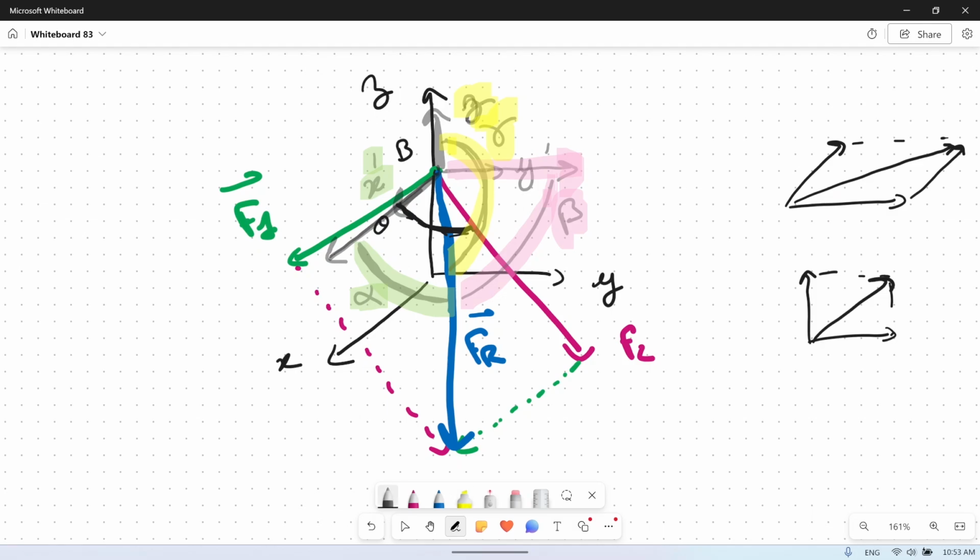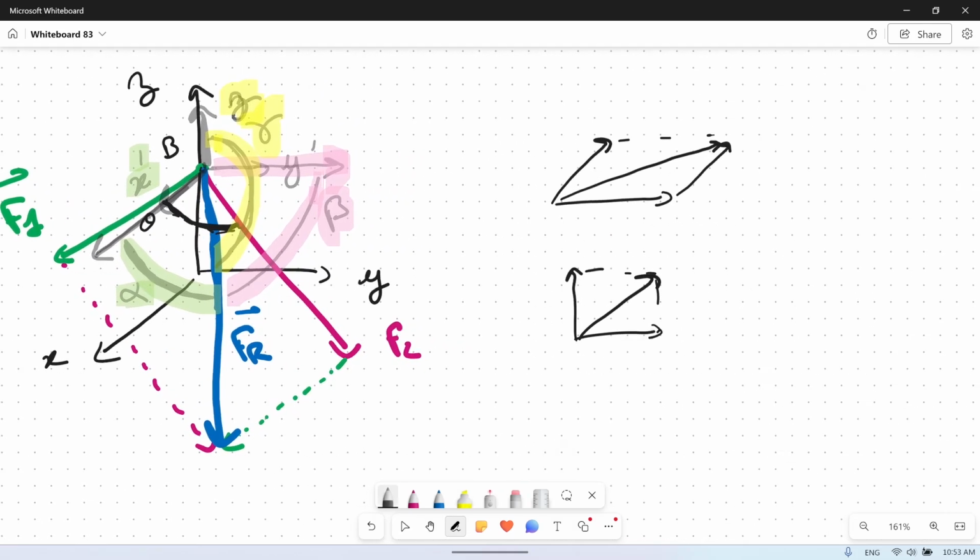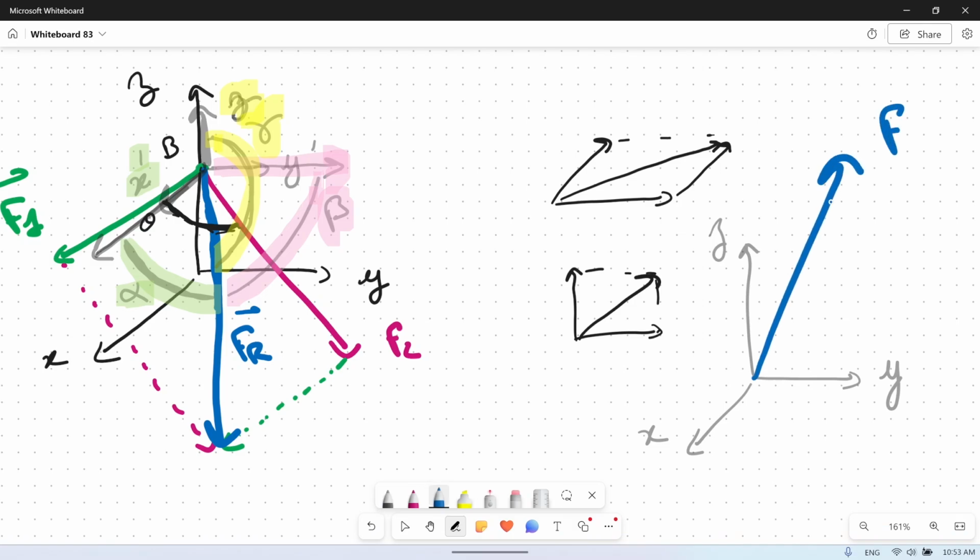So just remember, if you have a vector, let me redraw an X, a Y, and a Z, in 3 dimensions, let's call that vector F, we have the angle alpha, the angle beta, and the angle gamma.